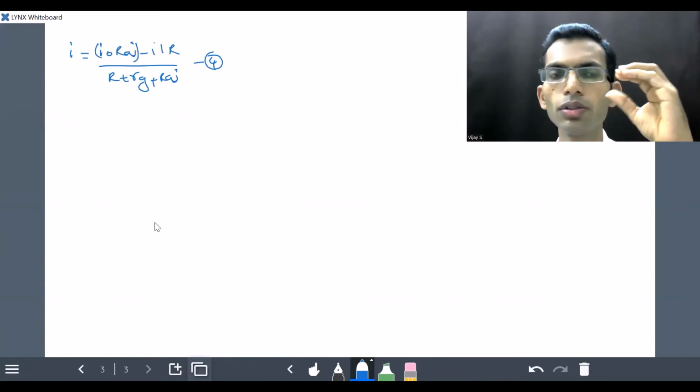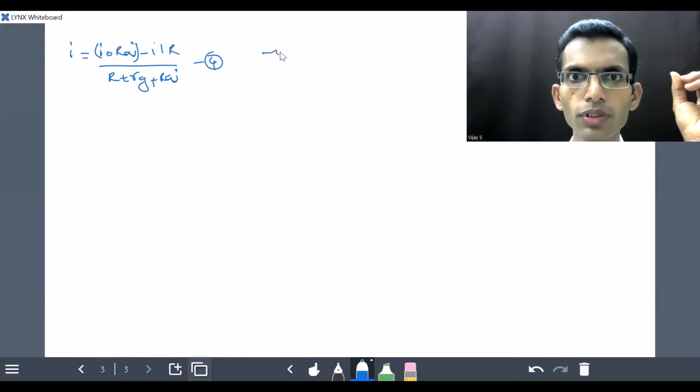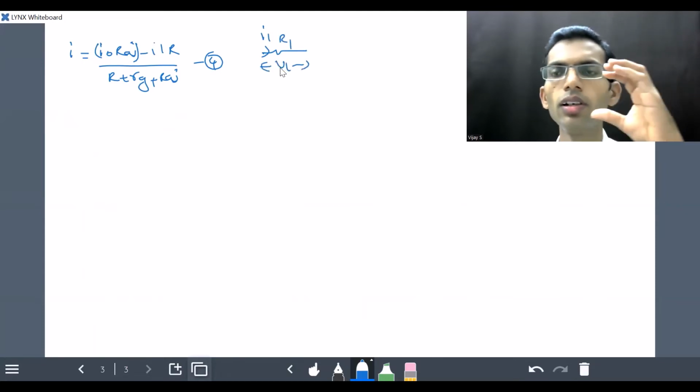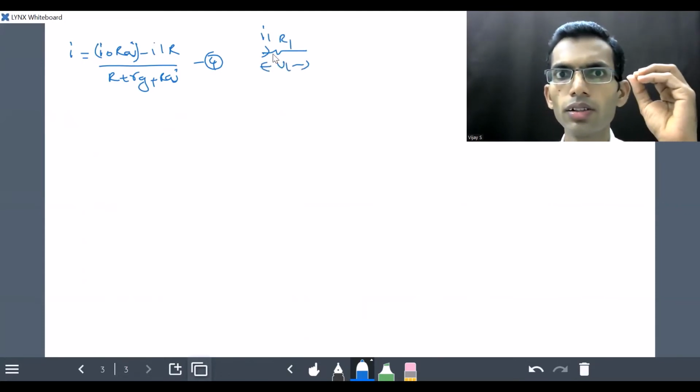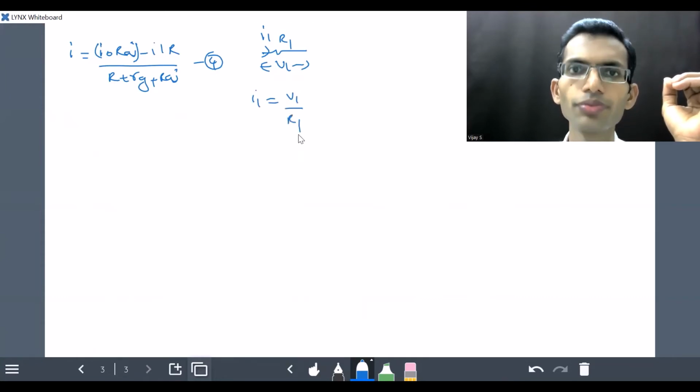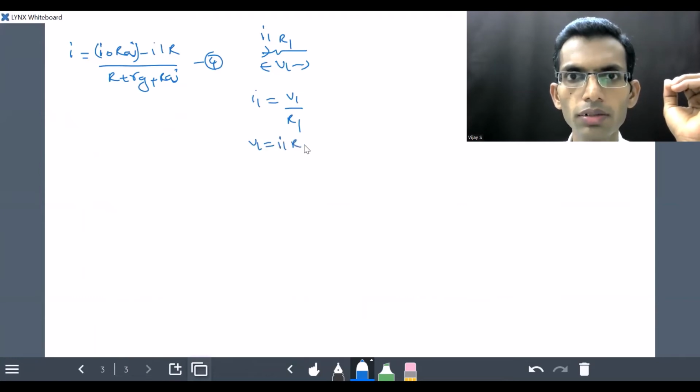So for that we need to refer to Ohm's law. So let us say I1 is the current flowing through the resistance R1. V1 is the potential difference across the resistance R1. We know that Ohm's law relates the current flowing through the resistance R1 and the potential difference across the resistance R1 like this. So that means V1 is equal to I1 into R1.